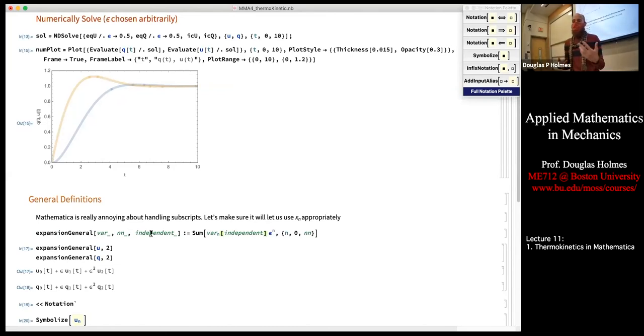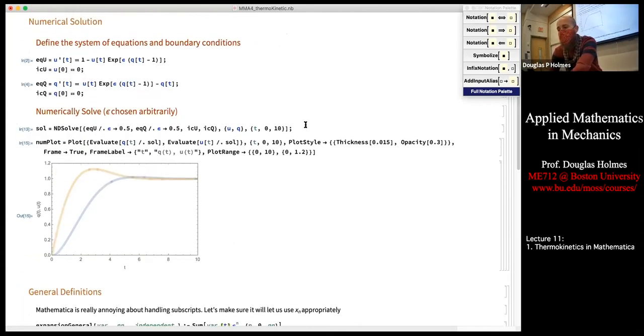I could say that u, take it to the second order, is a function of x, and then I could replace this with u, replace this with 2, and replace this with x, and it gives me an expansion of u to different orders in epsilon, but now u would be a function of x. And so that was just for simplicity, since all the variables are a function of time.